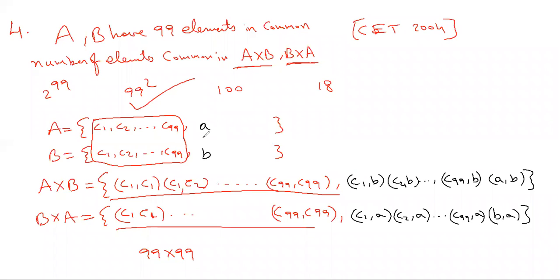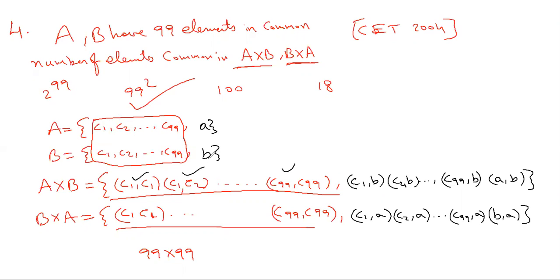So for simplicity, what I did is I took only one extra element, unlike arbitrary. When I'm writing the Cartesian product, I guess you understood this: C1 with all these, and C2 with all these, C99 with all these.